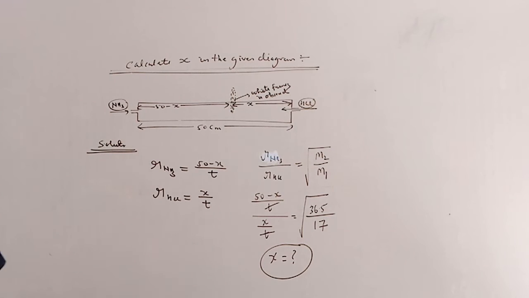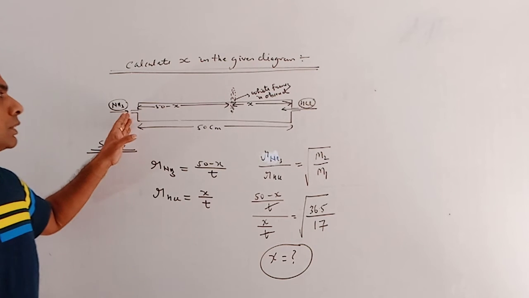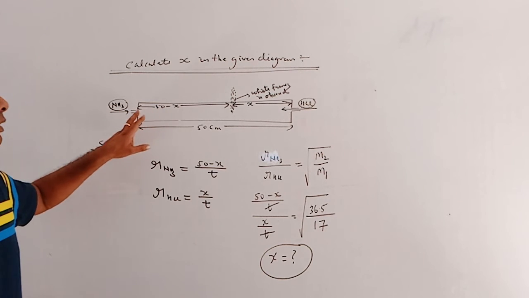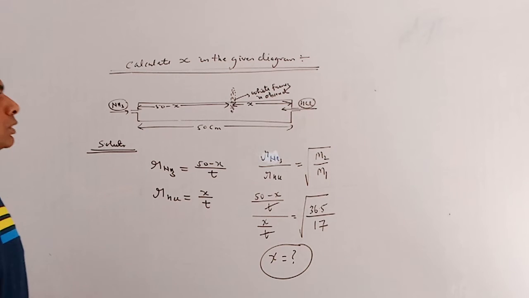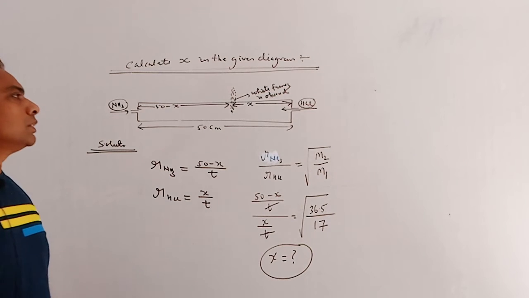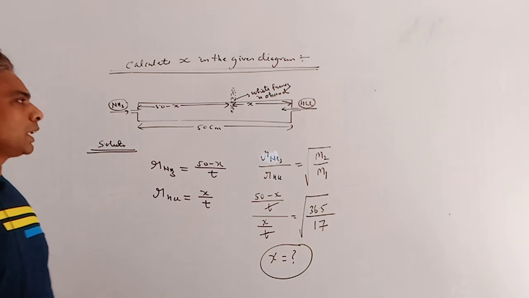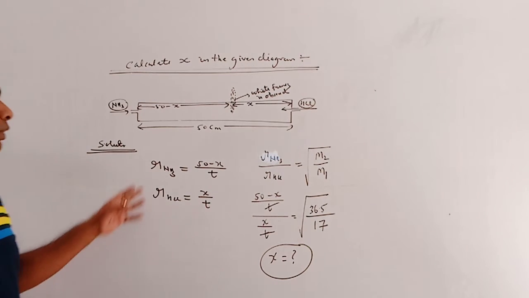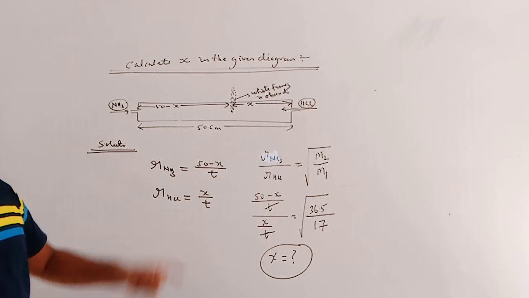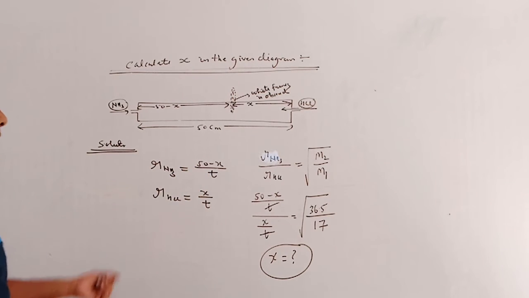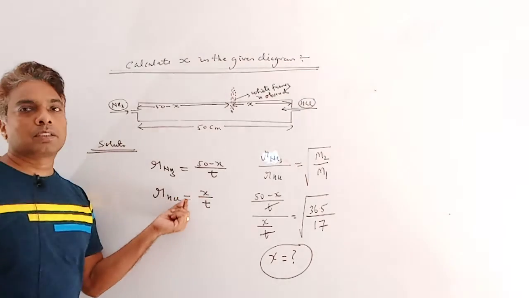Then calculate the X. In the same time, ammonia diffuses from the nozzle to the spotted point, which is 50 minus X distance, while HCl diffuses X distance. So the rate of diffusion of ammonia will be 50 minus X divided by T, and the rate of diffusion of HCl will be X by T.